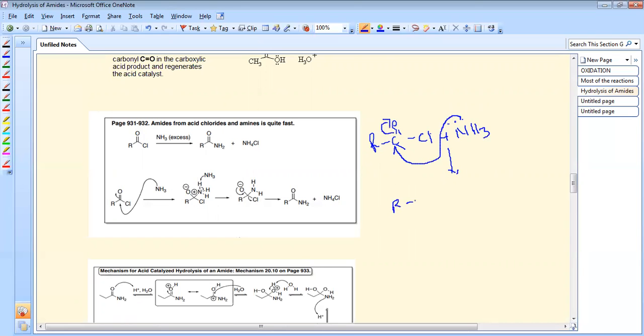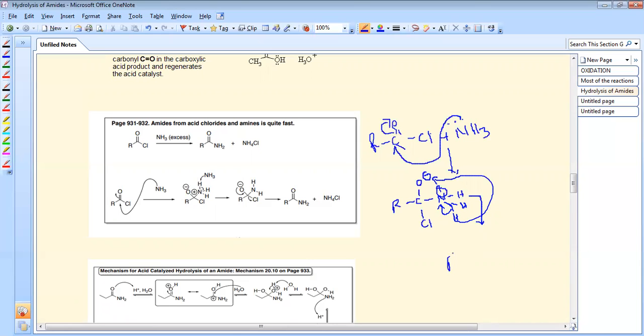So thereby we get O minus, and here NH H H plus, and here Cl minus. One of the H plus ions will be removed and attached to the oxygen, or else it may directly attack the oxygen also.